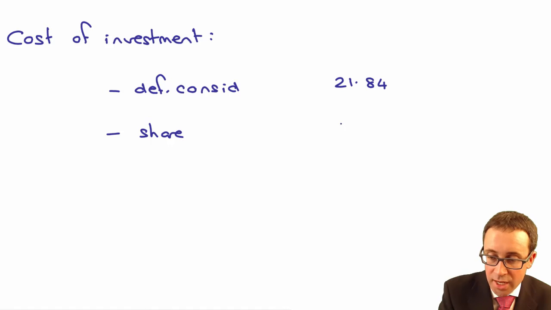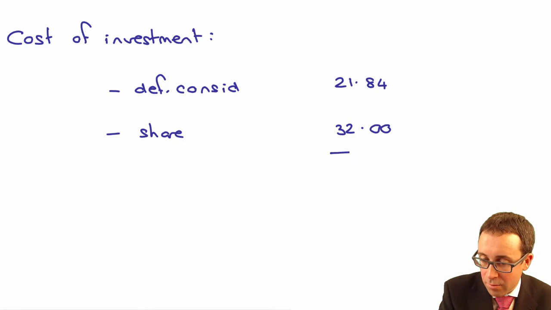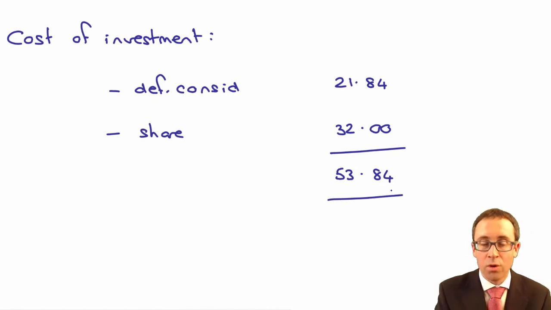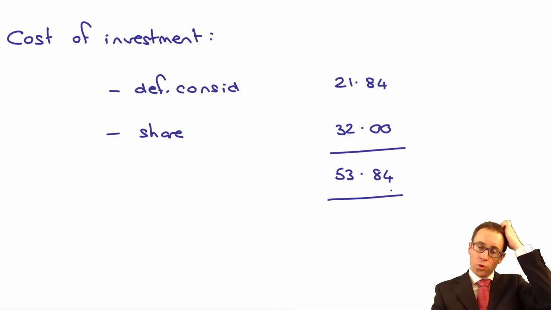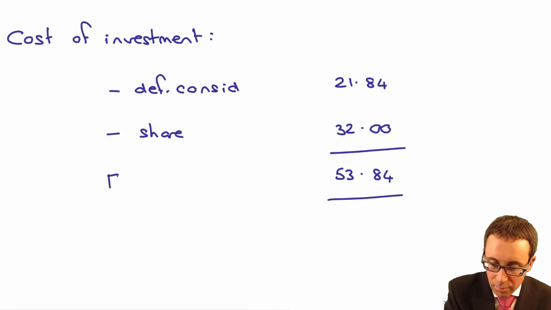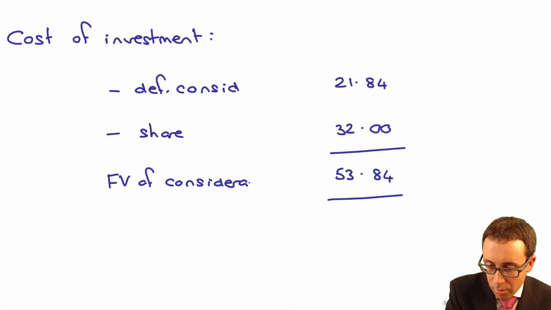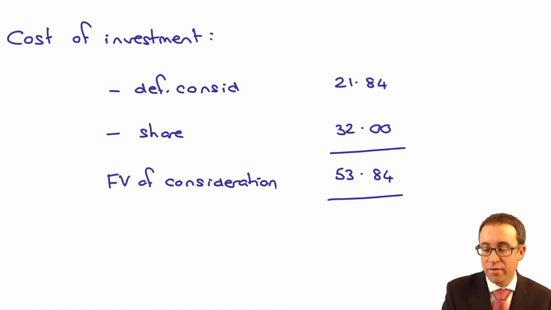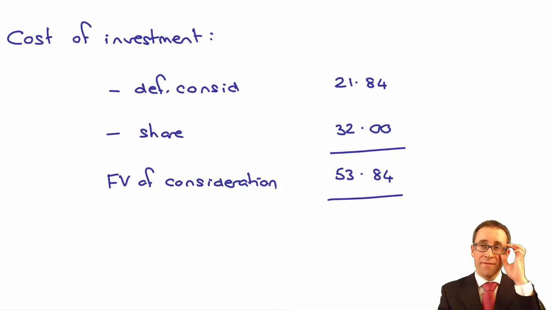The share exchange was there at 32 million, which gives you 53.84 million, which is what would appear within your goodwill calculation. The first line, your fair value of consideration, is the 53.84, the cost of the investment.